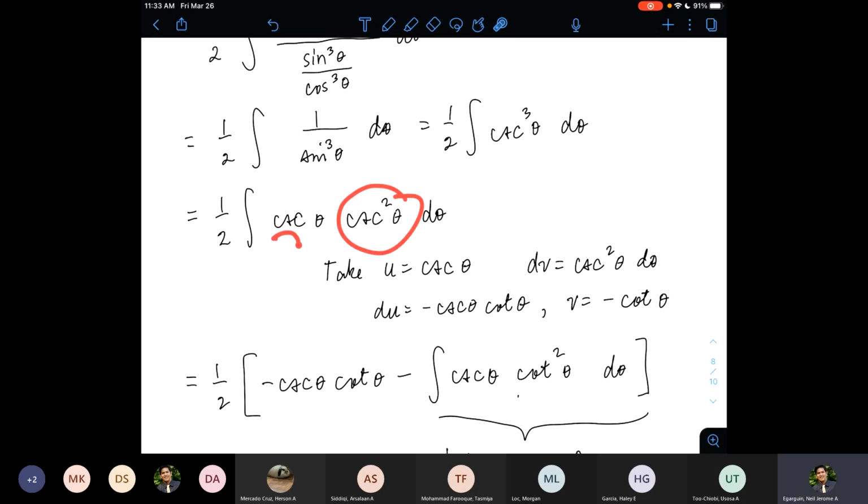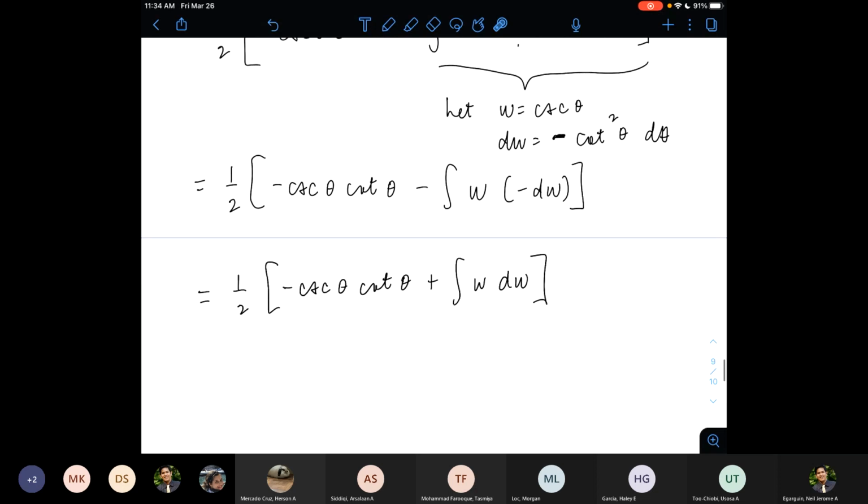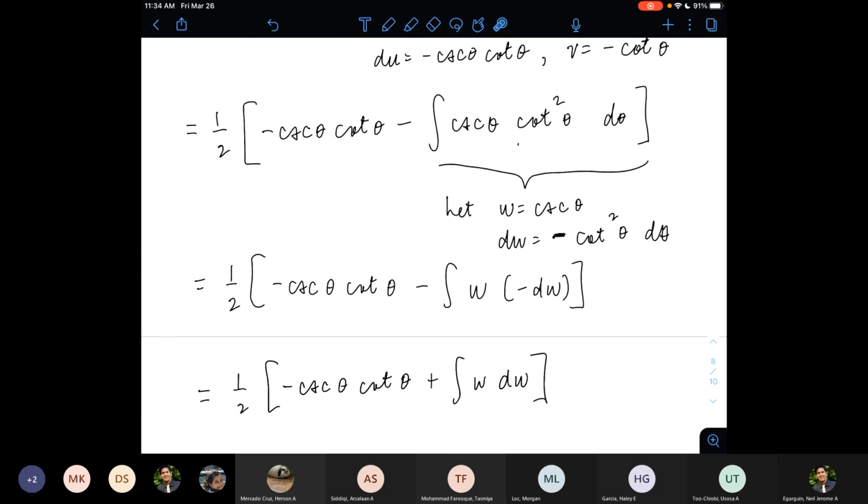If I let u be this, my du should be negative cotangent squared, and this is a cosecant, right? Even if I write it using Pythagorean, I'm going to have cotangent squared plus 1. But what I have is cotangent squared, not cosecant squared. Yeah, and that's what I'm using here.